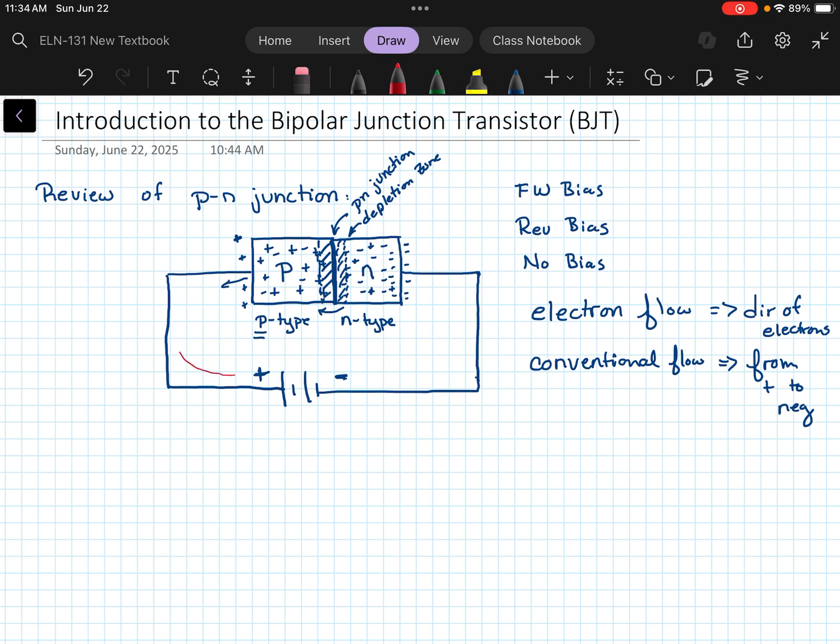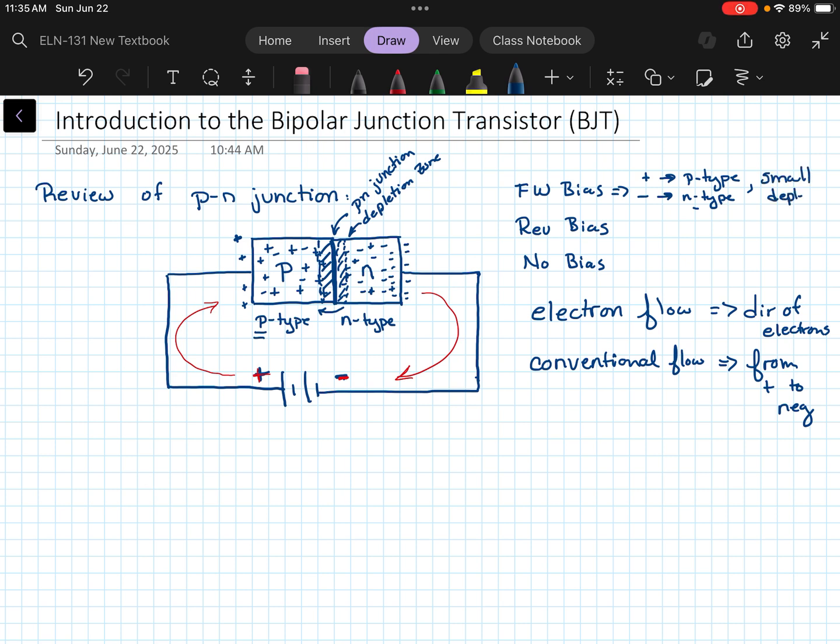So in this case, conventional flow would be in this direction, where the current would leave the positive terminal of the voltage source and return back to the negative. So it's exactly the opposite of the electron flow. But again, if you want to look physically at what's happening with those electrons, it does kind of help you see how that happens. So when we're in forward bias, that means that we have positive connected to the p-type material, negative connected to the n-type material, and the depletion zone is very small.